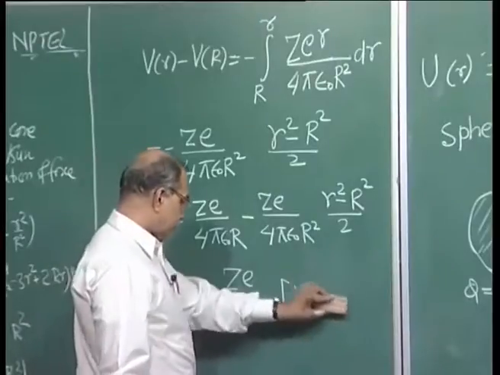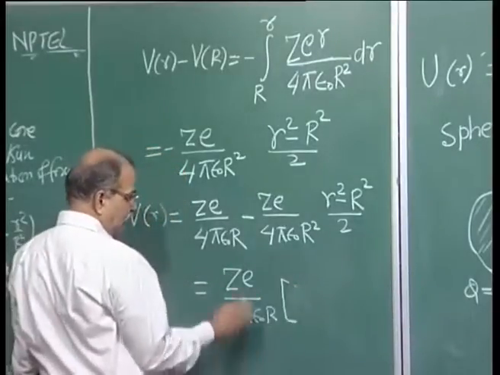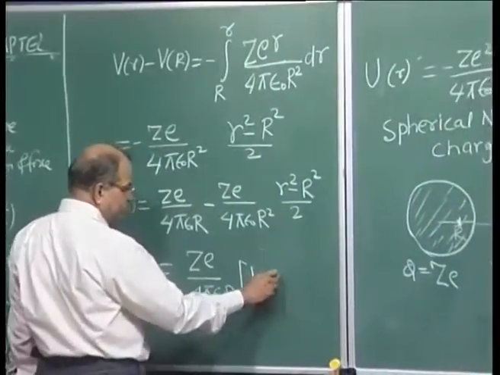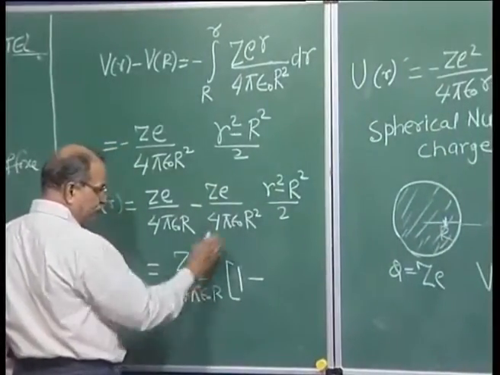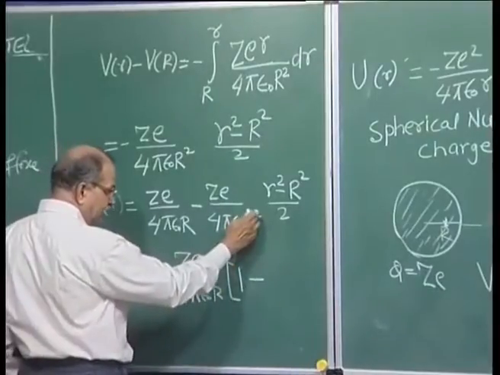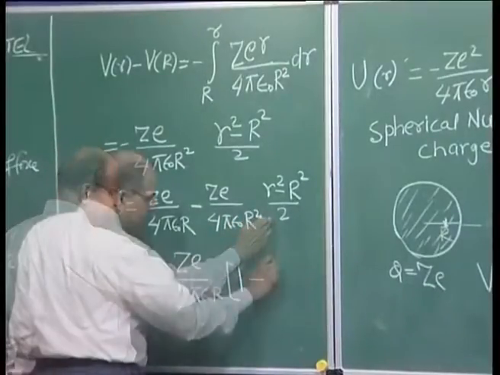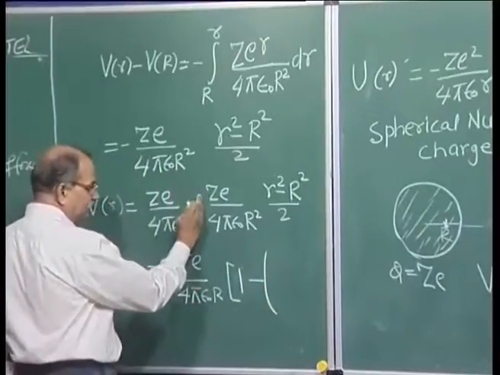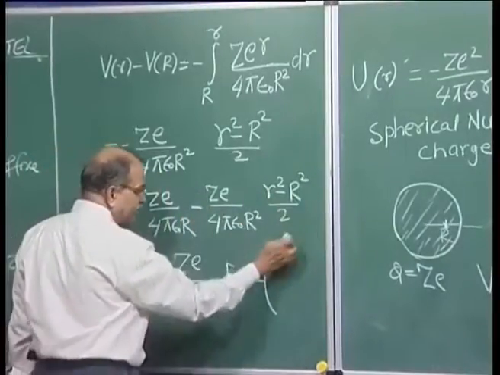So, it is 1 here and then minus r square by 2. I have taken Ze, 4 pi epsilon naught, and R common, so one R will be there. Okay. Let me take this bracket, so that this minus is outside and then this bracket.